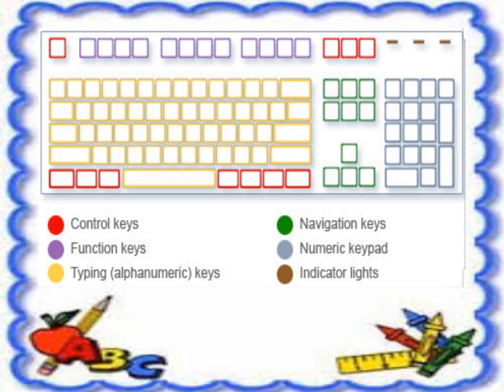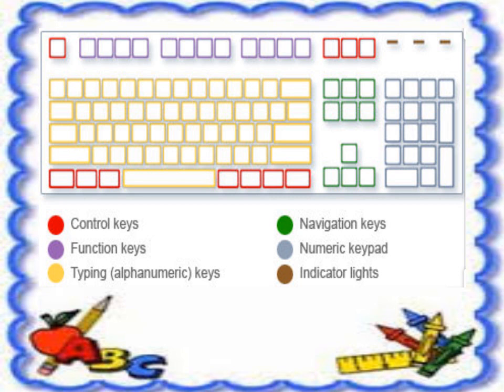Now if we divide the parts, the keys of the keyboard, they are 6 in number. On your screen you can see I have highlighted them with specific colors, along with the functions. All the keys marked with the red color are called the control keys.